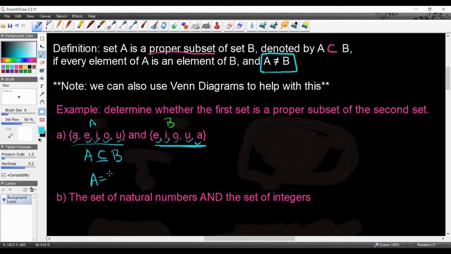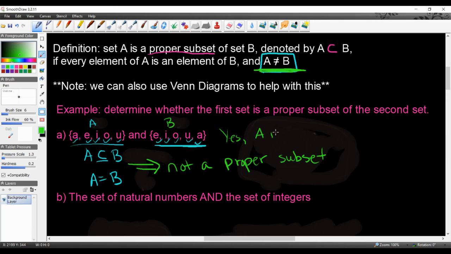So A is also equal to B, which implies that this is not a proper subset, because one of the conditions says that A cannot equal B. So the moral of this story: yes, A is a subset, but it's just not a proper subset. So it's a different type of subset. And why? Because of this part right here.